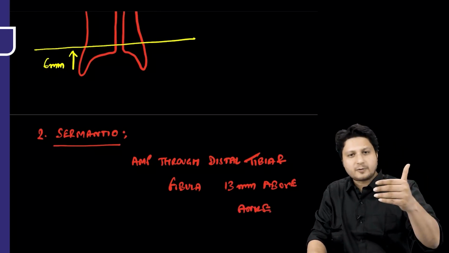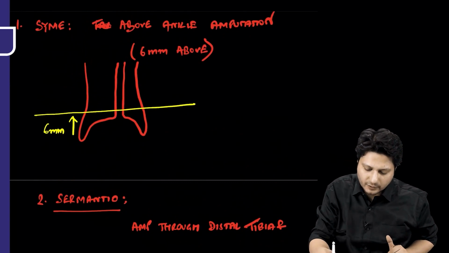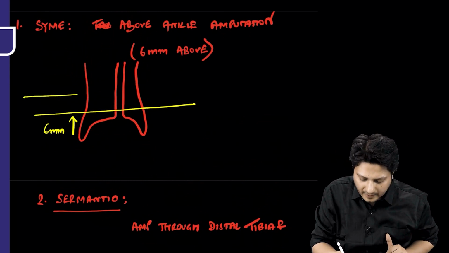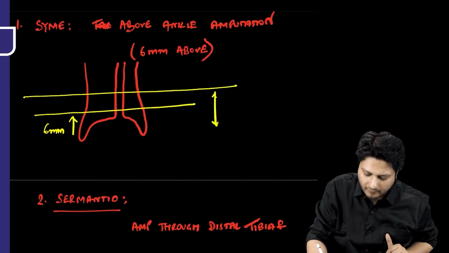The 6 millimeter difference and 13 millimeter difference. So in case of Sermantio amputation, you are performing amputation through distal tibia and fibula, but it is 13 millimeters above the level of ankle.